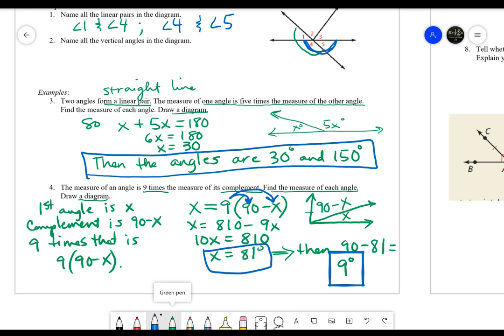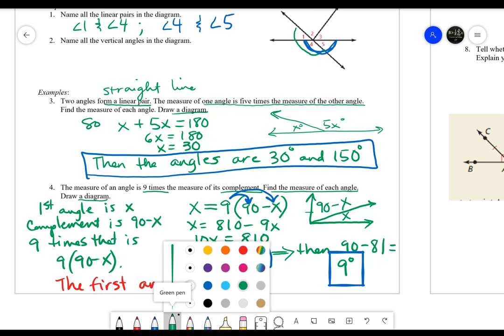So if you wanted to write a completely, totally wonderful answer for this, you would write something like this. The first angle, go away, green pen.